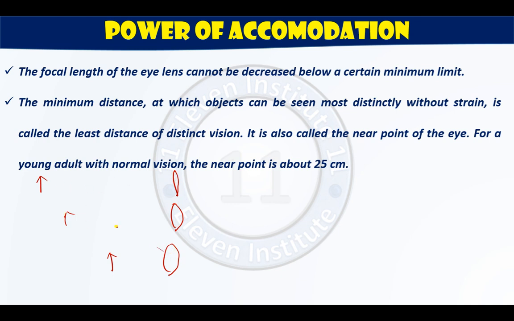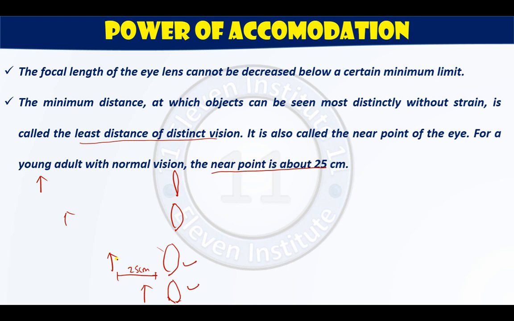The object is coming near. But if this distance is now only 25 centimeters, and now if you bring the object ahead, the lens will not become thick. It will remain as it is, because 25 centimeters is the near point of eye, or it is also known as least distance of distinct vision. Beyond this, there will be no change in the focal length.